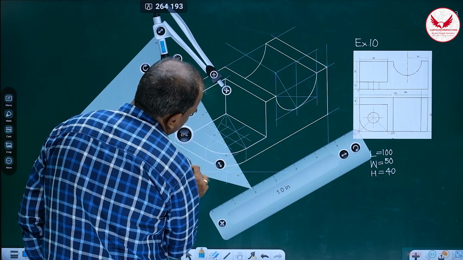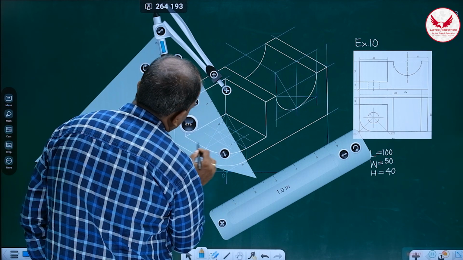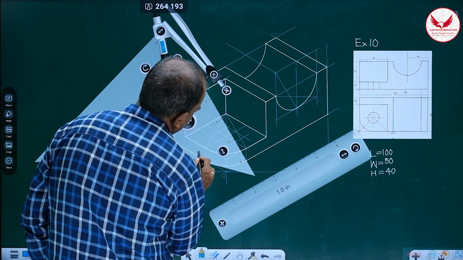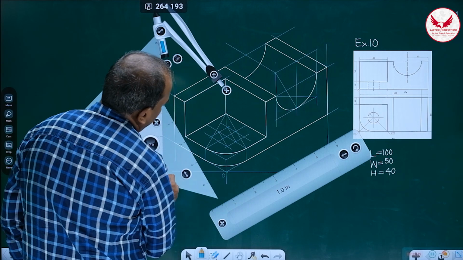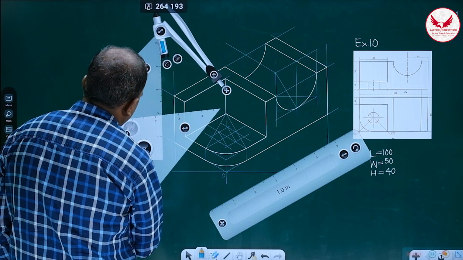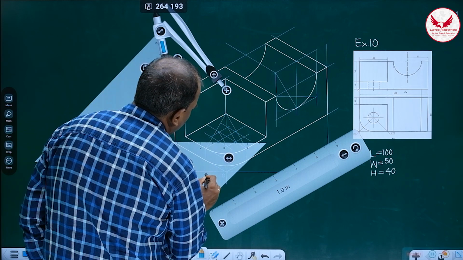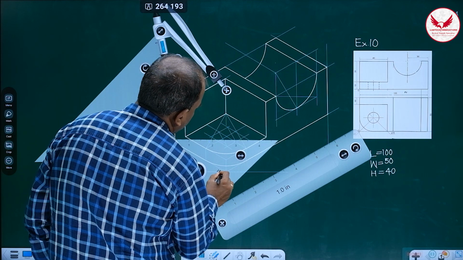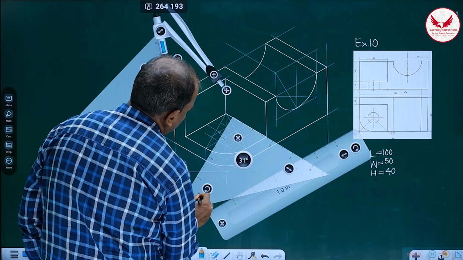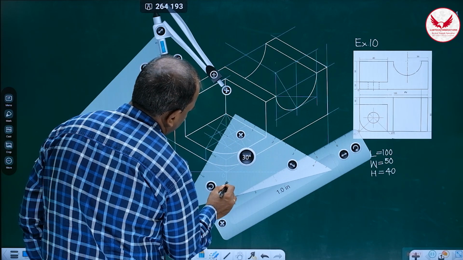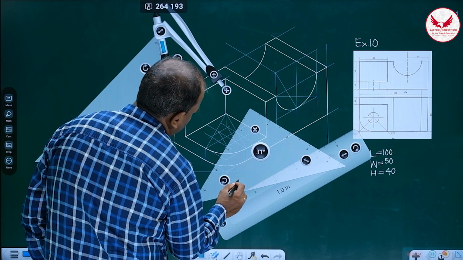is like this. Similarly, from the upper center, this point. Then from the other center, or from this center, the midpoint of the opposite side.